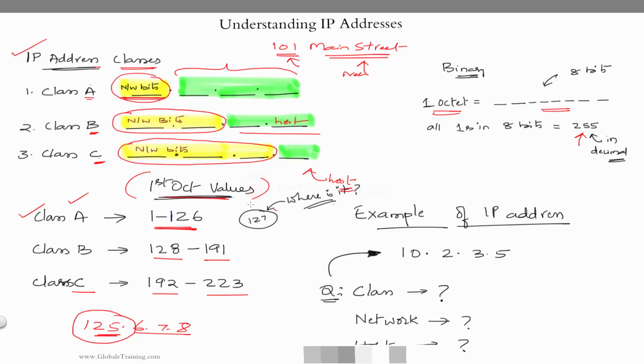Now, what happened to 127? We said Class A is 1 through 126, and Class B starts from 128. So we actually skipped 127. 127 has a special role in terms of TCP/IP networking. It's more like "I" in English.